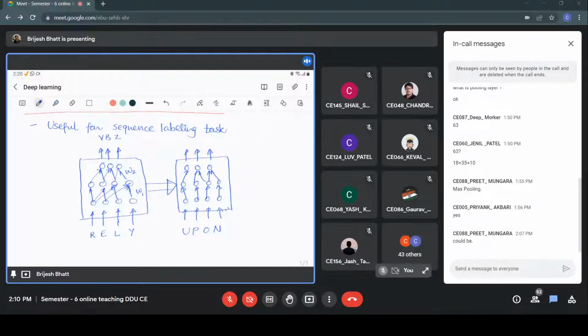So I pass the previous output, which I have fetched from here, and add it in making the prediction.